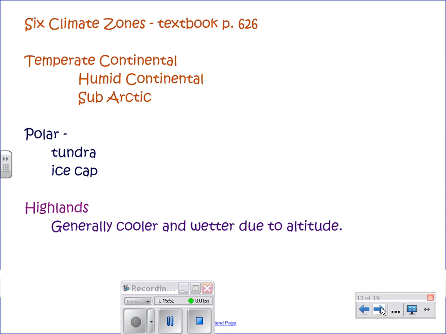The next three climate zones, temperate continental. And we have some of these in the United States. Humid continental, as it suggests, humid, it has higher rainfall and humid conditions. Continental, so it's within the continent, so southern United States. And subarctic, being below the Arctic, so not as cold as something polar. Subarctic has short, cool summers, long, cold winters.